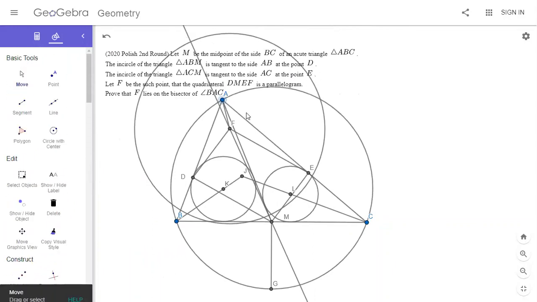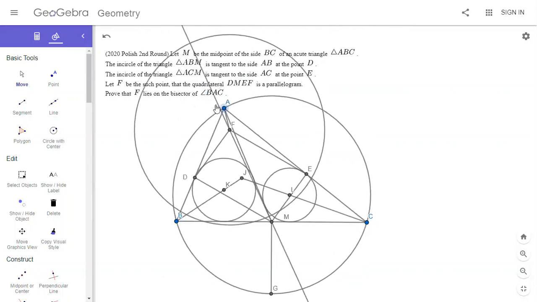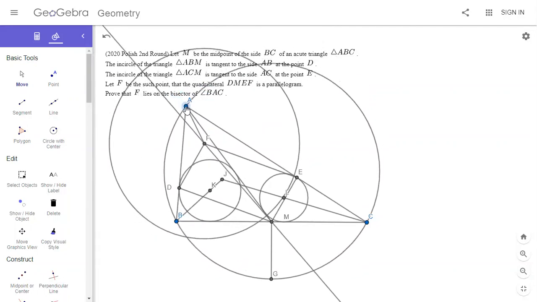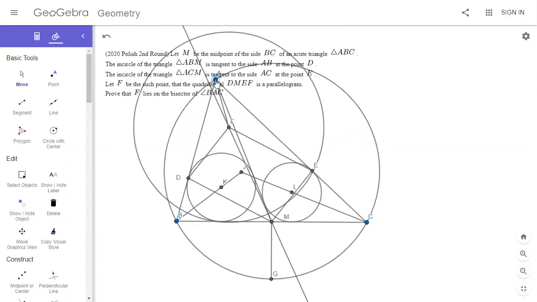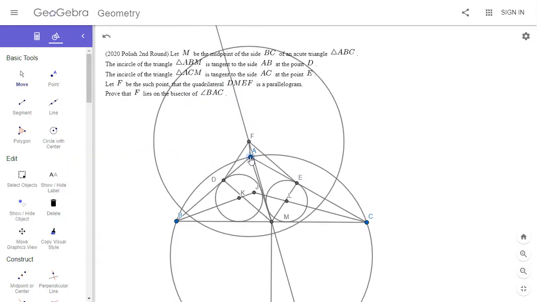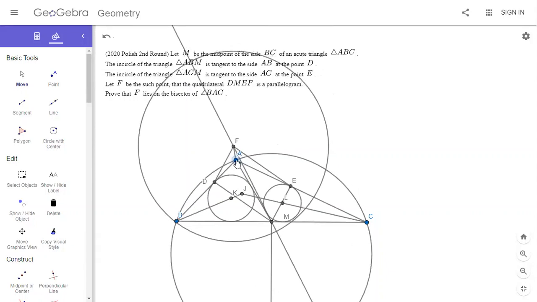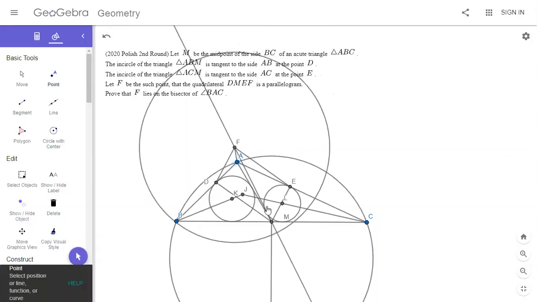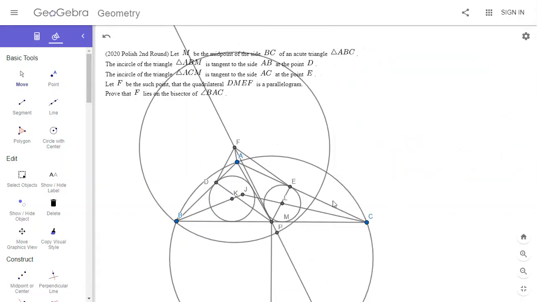This is one of the few times where GeoGebra actually makes it harder because the lines are so close. If I make it like a really flat triangle, then that makes it easier. Then F lies outside the triangle, but maybe that might make it easier. So FP is equal to BM is what you're saying, right? Yes.